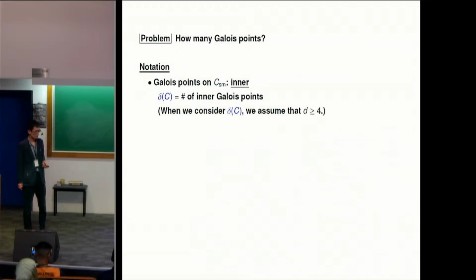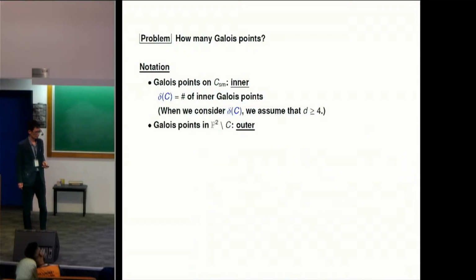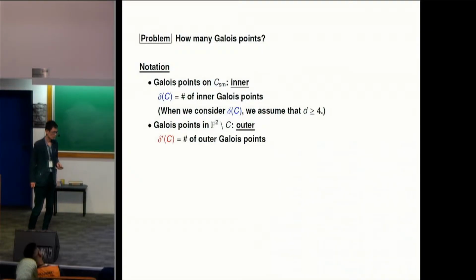When we consider delta(C), we assume that d is greater than or equal to 4, because the natural problem is trivial if the degree is 3. When the Galois points are not contained in C, we call such Galois points outer Galois points. The number of outer Galois points is denoted by delta prime(C).